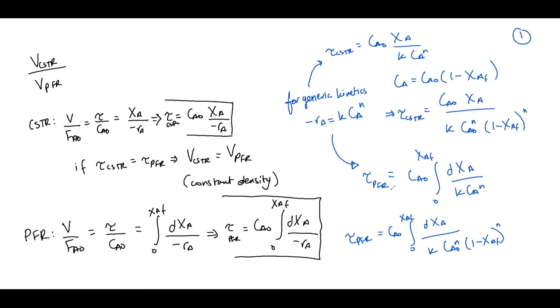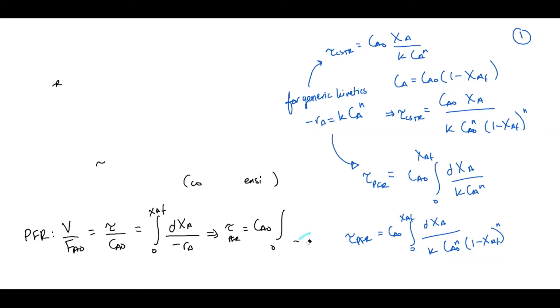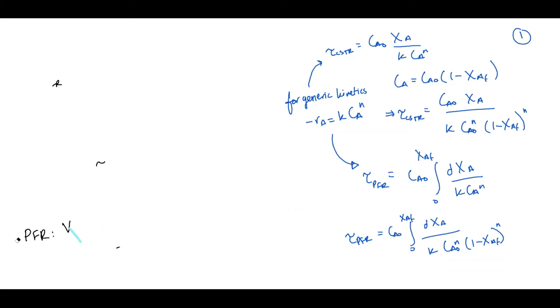So now let's divide them. I'm going to save the screen, then erase this side, and move to this side and find the ratio we're looking for. Okay, sorry.